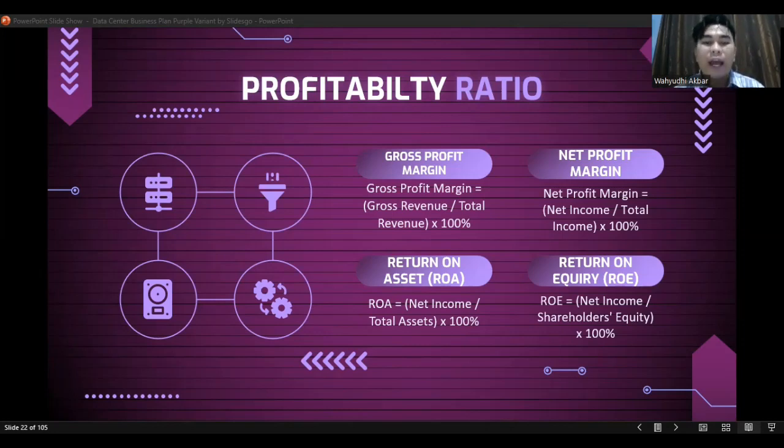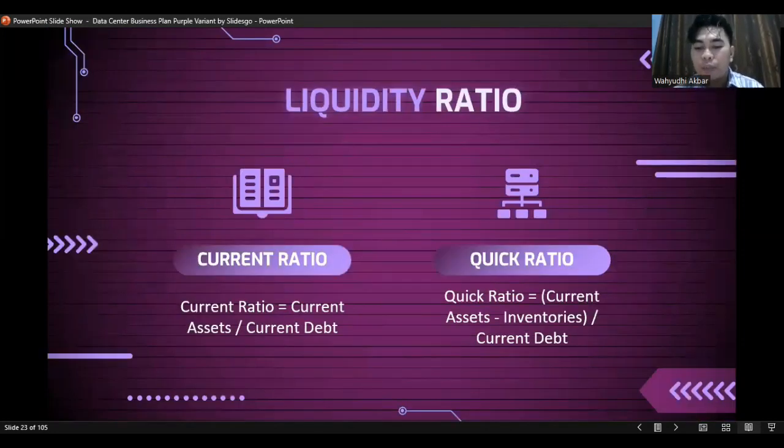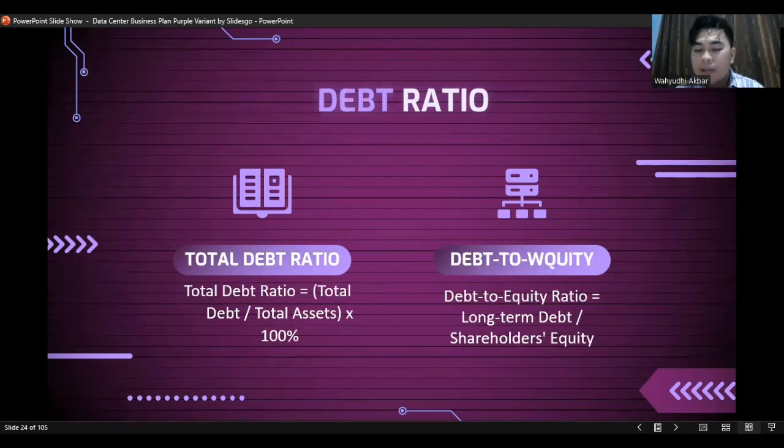The second one, we have a liquidity ratio. In the liquidity ratio, we have current ratio and quick ratio. The formula of current ratio is current assets divided by current debt. Quick ratio equals current assets minus inventories divided by current debt. The third one, we have debt ratio.